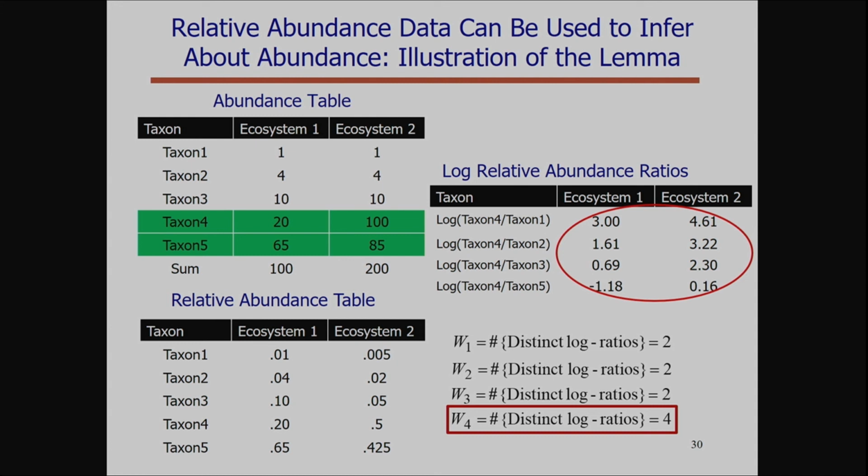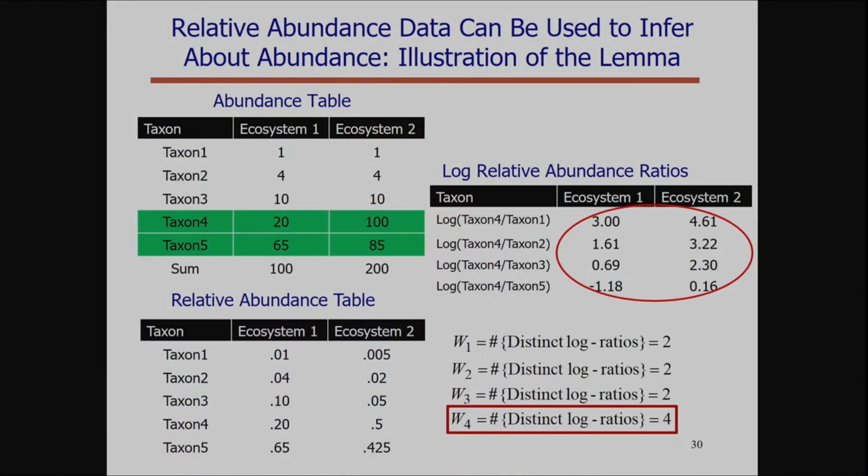So based on the lemma that I have, I conclude that taxon 4 has changed between the 2 conditions. Same way with taxon 5, you see that all 4 log ratios are different. So I conclude taxon 4 and 5 are different between the 2 conditions based on the lemma that I demonstrated.